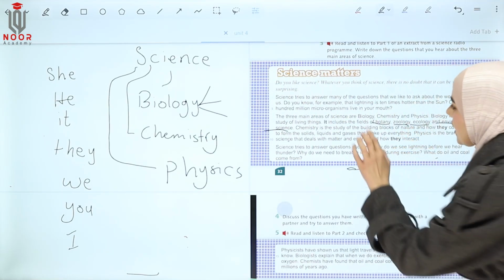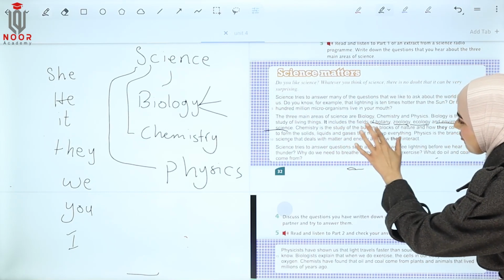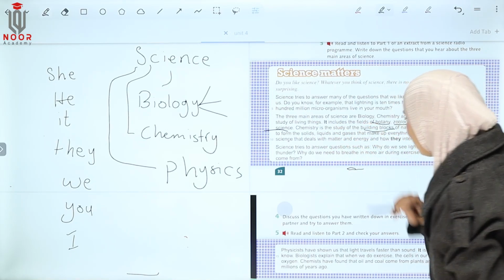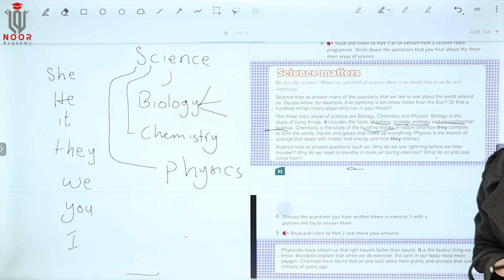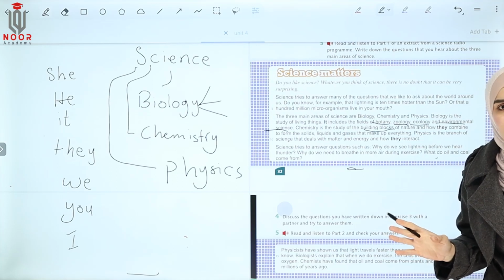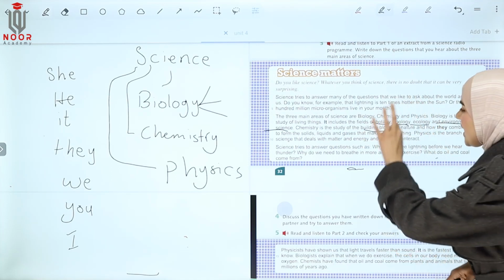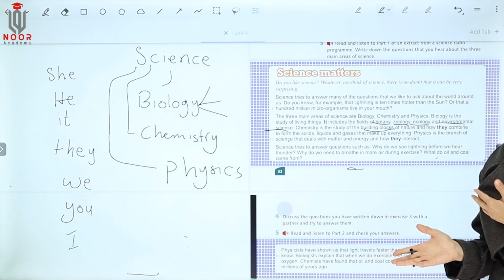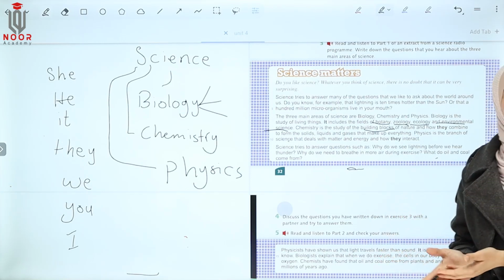Read carefully. Chemistry is the study of building blocks. Look at this. Building blocks of what? كمان ما بصير تحط building blocks وتسكت. No. Building blocks of nature, because I'm talking about nature. So nature is a key word.